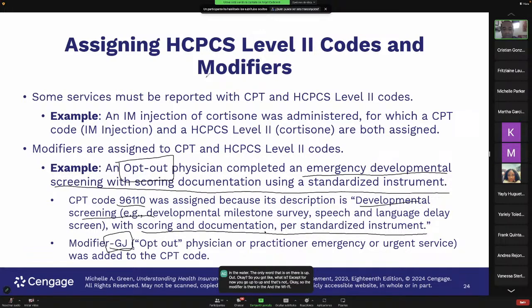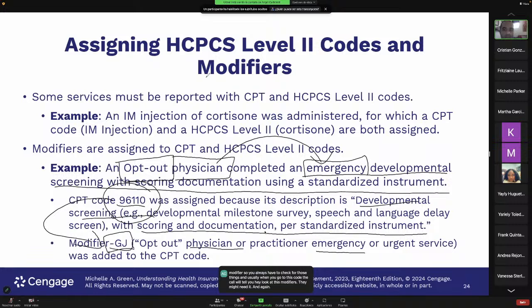And the modifier is interesting because the modifier also has the physician or practitioner. So physician and emergency. That one was not included. So you have physician, then an emergency, also opt-out physician, emergency. That part is the modifier. So you always have to check for those things. And usually when you go to this code, the code will tell you, hey, look at these modifiers, they might need it.